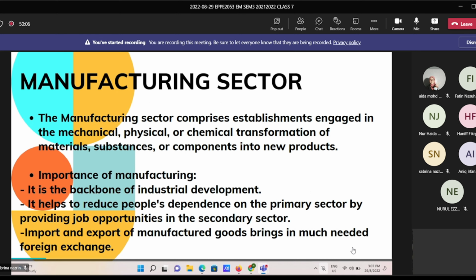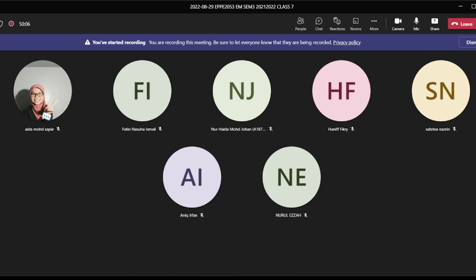Move to the next slide, please. Until you see about the Investment Act, that slide.